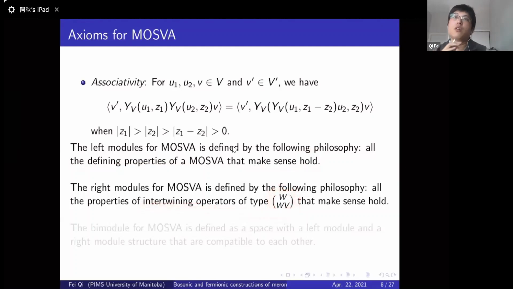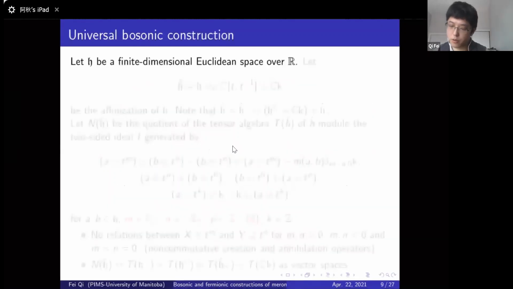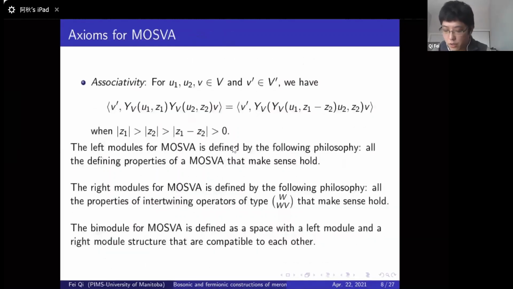So this will lead to the definition of right modules. I will not include it here because it's very long. For bimodules, it will be defined as a space with a left module and a right module structure, and we require them to be compatible with each other. These are all in my JMP paper published in 2019, so I will not go over them.